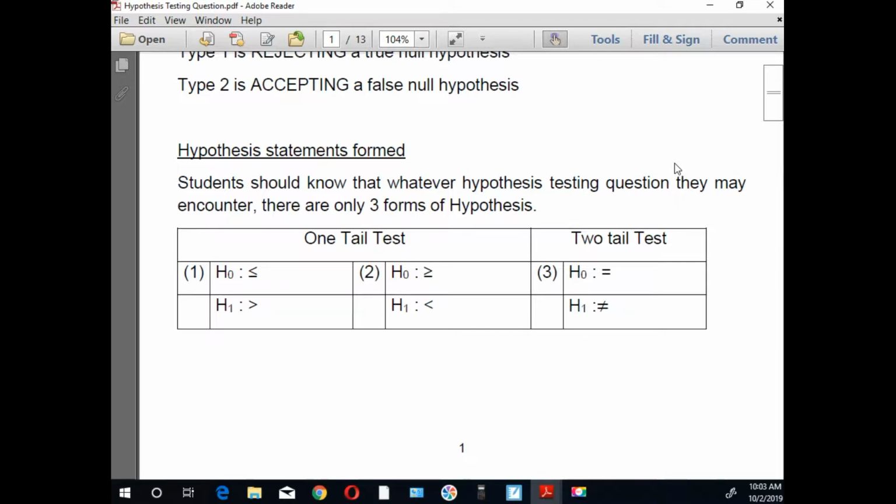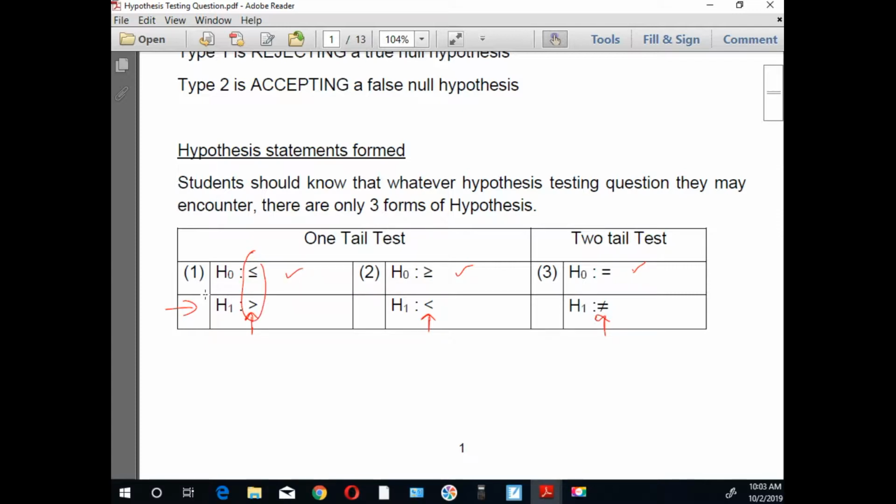Whatever you're doing with hypothesis testing, whether it's now or when you're doing chi-square testing, on the alternative hypothesis side there's always going to be less than, greater than, or not equal to. Nothing else. And on the null hypothesis, there's going to be less than or equal to, greater than or equal to, or equal to, in that arrangement.